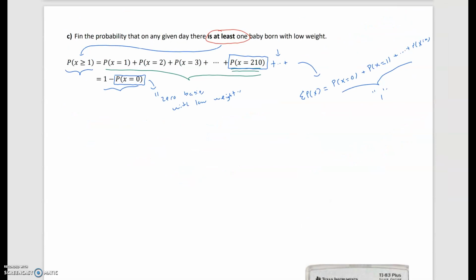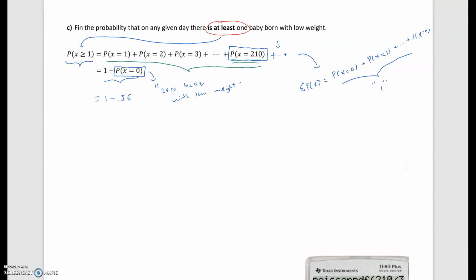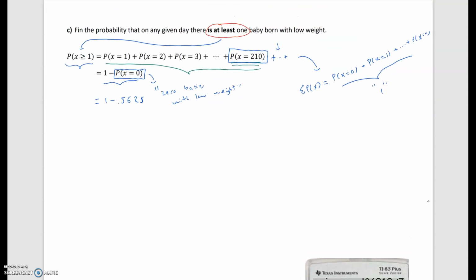So our final calculation is going to be 1 minus 0.5625. So in this case, the complement, the way that we're evaluating it, 1 minus 0.5625, is going to be approximately 0.4375. So for this one, we cannot evaluate it directly.